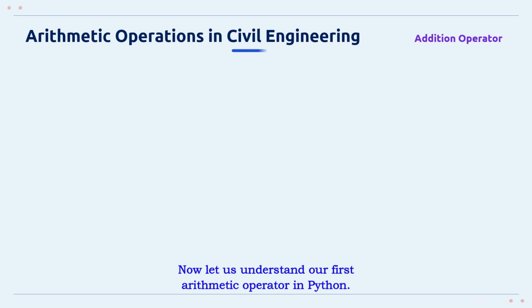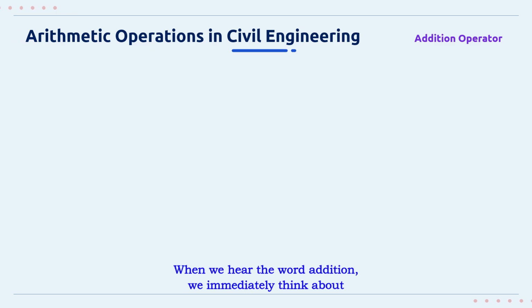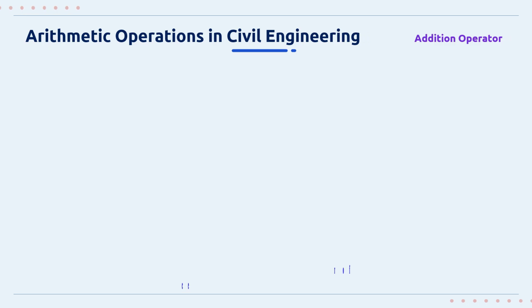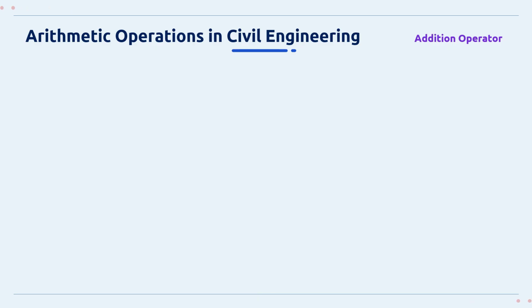Now let us understand our first arithmetic operator in Python, that is the addition operator. When we hear the word addition, we immediately think about adding numbers together. Just like we add the number of cement bags, bricks, length of roads, or quantity of concrete in civil engineering, Python can also add values for us.